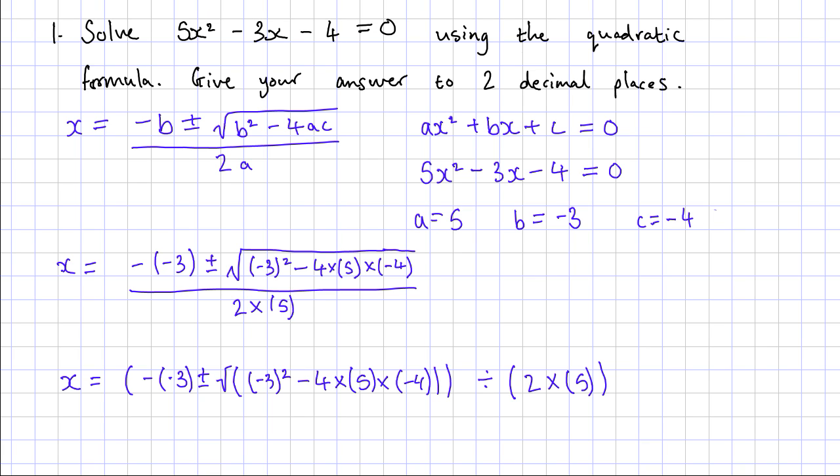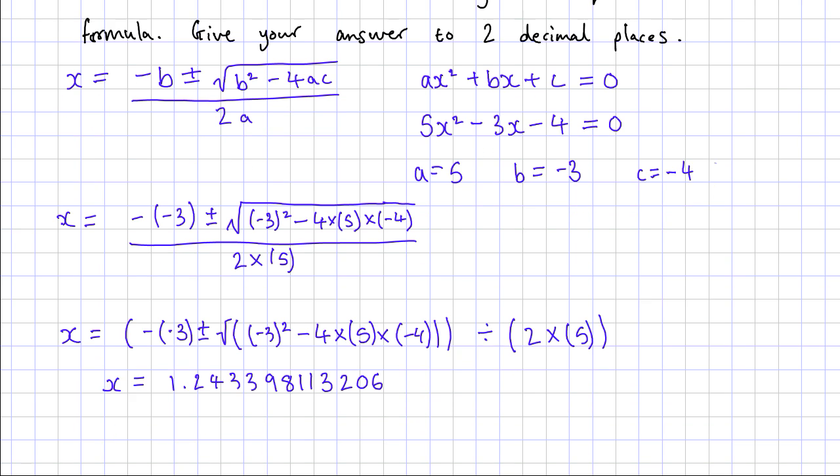When I used the plus here or the plus there, the answer I got was, so x is equal to 1.243398113206, and that's all the numbers that my calculator displays.